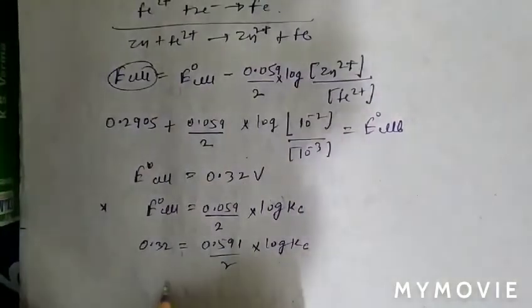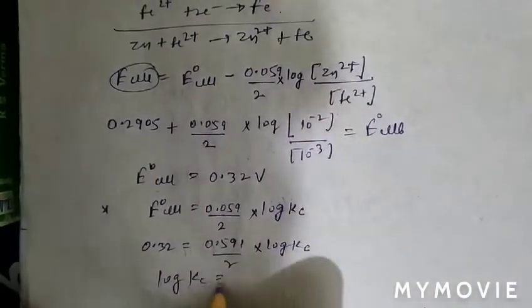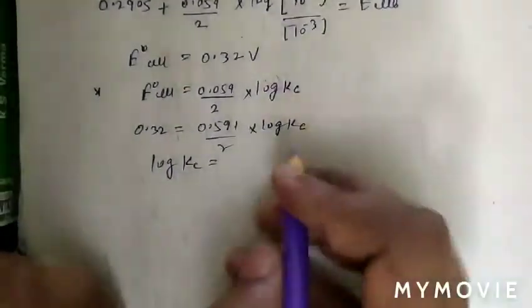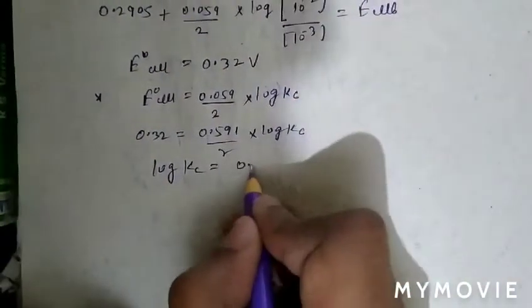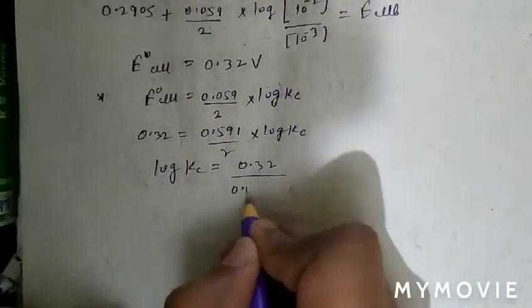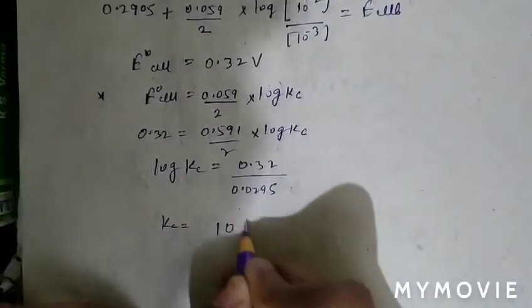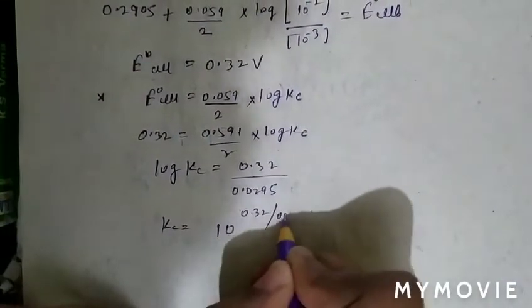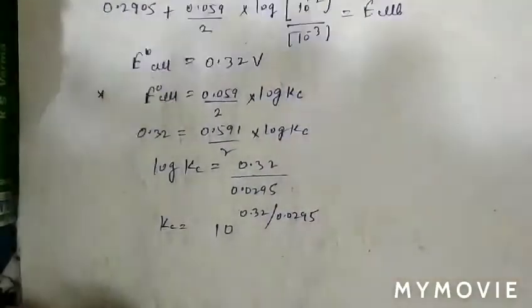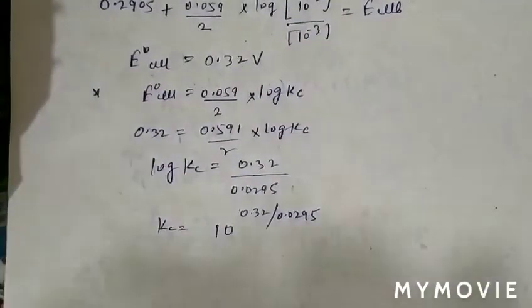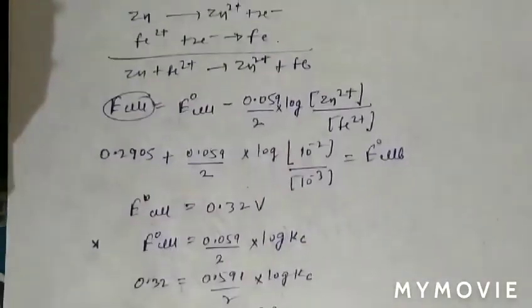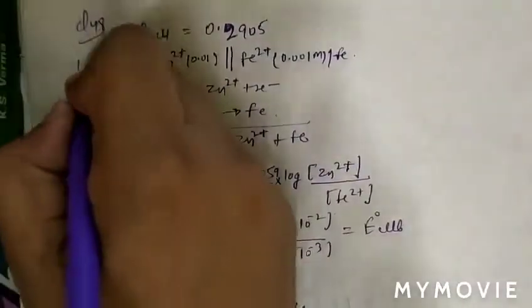So we can say that log Kc will be equal to 0.32 divided by 0.0295. So now Kc will be equal to 10 raised to the power 0.32 divided by 0.0295. So question number 48, option B is correct.